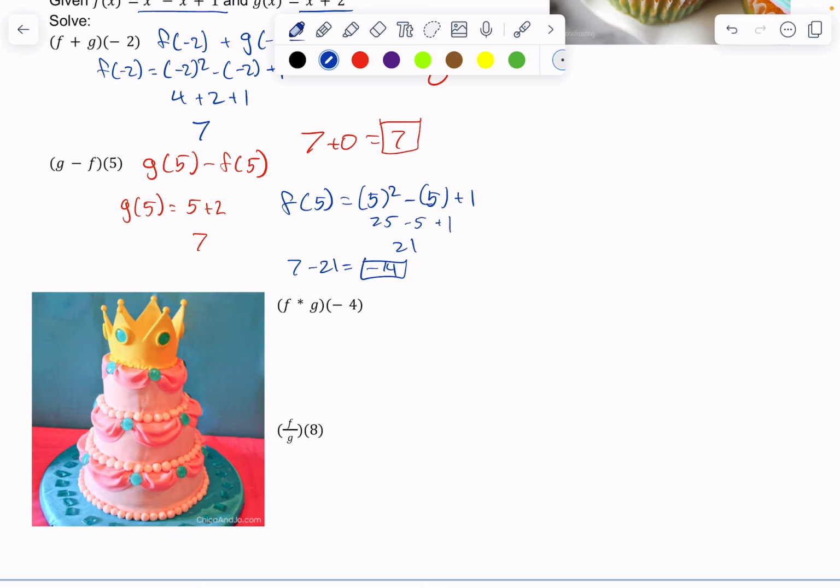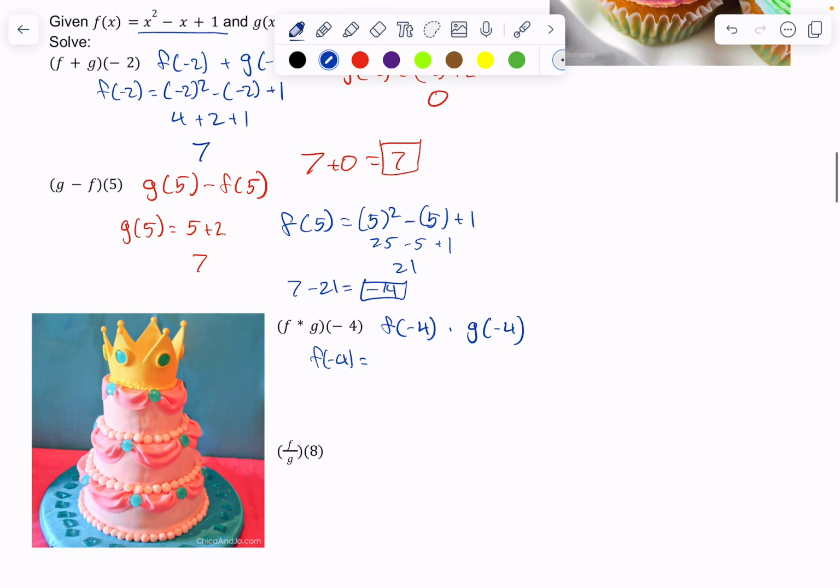All right. f times g of negative 4 is the same as me saying f of negative 4 times g of negative 4. All right, plugging things in. f of negative 4 equals, my original thing was x squared minus, take that back, negative 4 squared minus negative 4 plus 1.